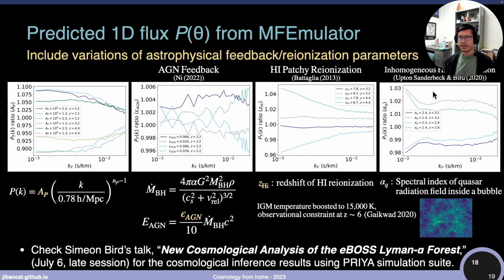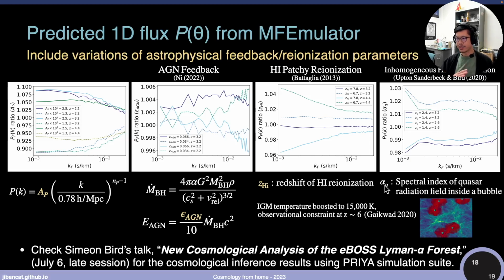And finally, we have this inhomogeneous helium-2 reionization. The idea is that you have these bubbles of helium-2 reionization assigned to the halos, assumed to be a quasar, which heats the surrounding gas. Alpha Q, the parameter here, is the spectral index of the quasar radiation field inside the bubble.